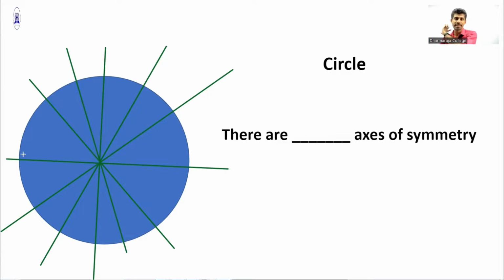So therefore there are infinity axes of symmetry for the circle. There are so many axes of symmetry for the circle. So we can write down there are infinity axes of symmetry for the circle.